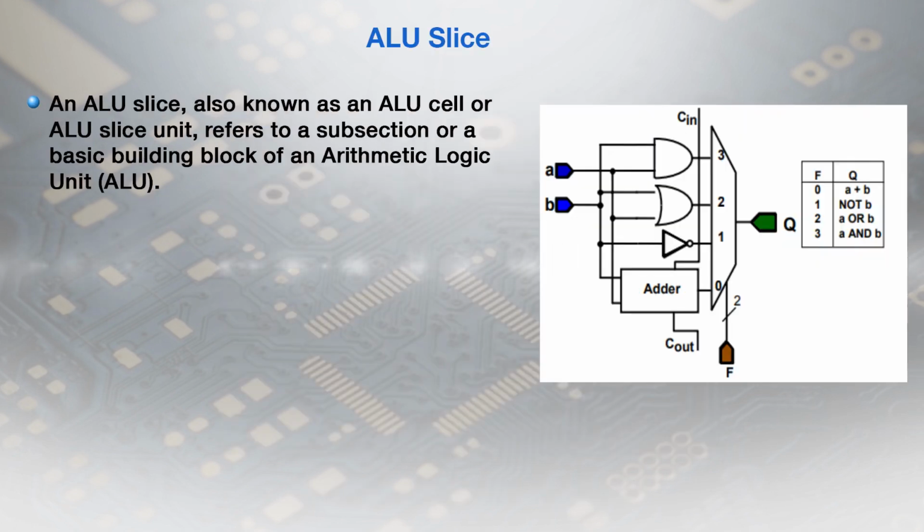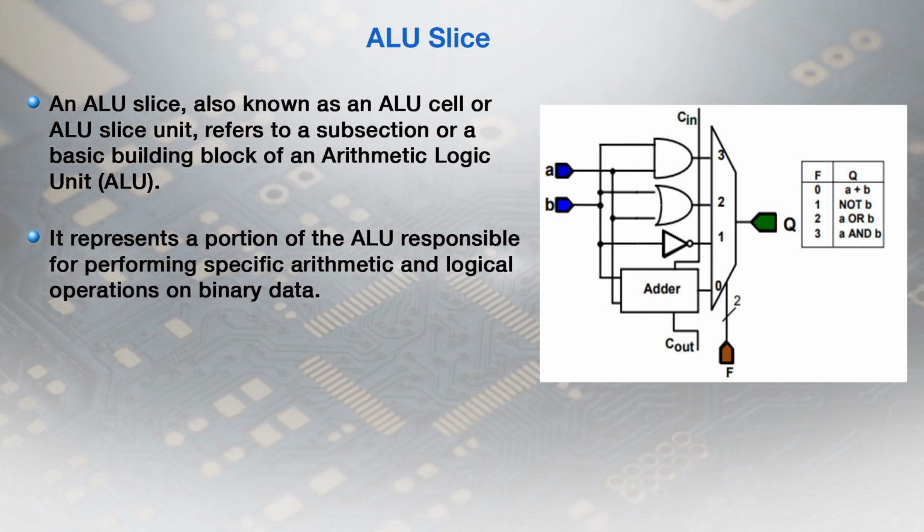An ALU slice, also known as an ALU cell or ALU slice unit, refers to a subsection or a basic building block of an arithmetic logic unit, that is ALU. It represents a portion of the ALU responsible for performing specific arithmetic and logical operations on binary data.